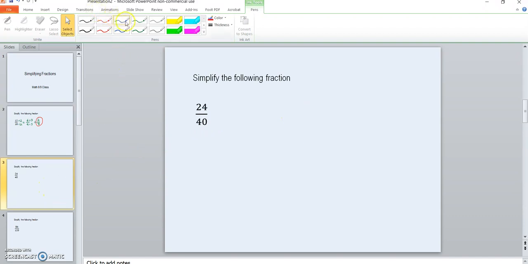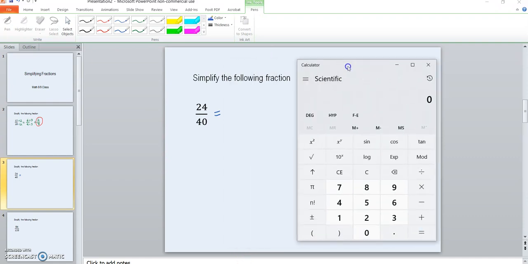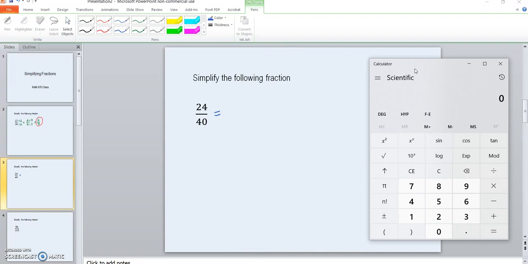Let's try another one. In this one we have 24 over 40. If you're unsure if something can be divided into both the denominator and the numerator, just use your calculator. For this one, I'm going to try out 4. So 24 divided by 4, and 40 divided by 4.